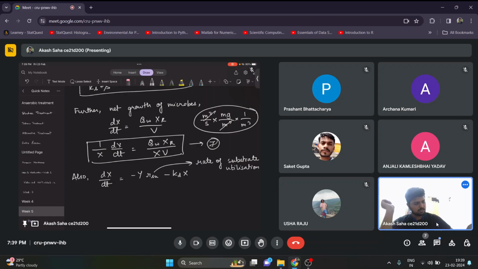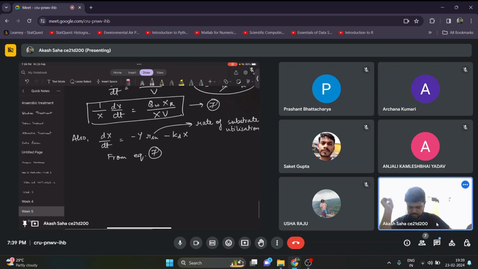So this dx by dt I will replace from equation 7. I will substitute this dx by dt. So it will be Qw Xr by X is equal to minus y into RSU by X minus kd by Vx, rather it will be Vx.